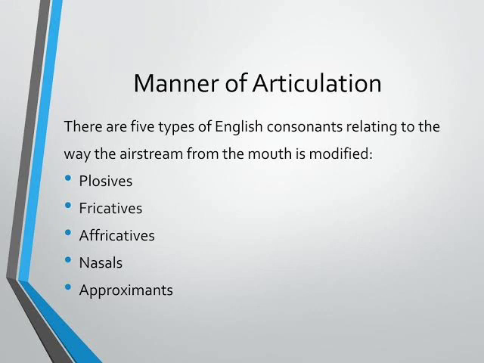They are formed when the articulators are positioned in wide approximation, so that the gap between them is not narrowed enough to cause friction. If you go back to our gap in the window example, it might help you to think about the difference between fricatives and approximants.